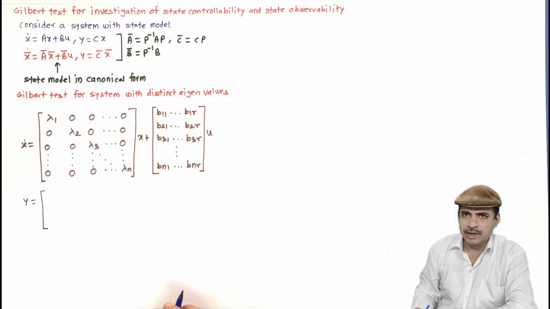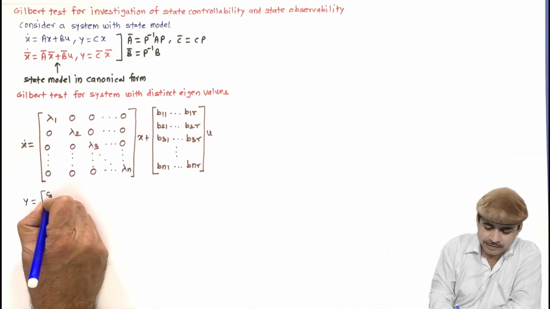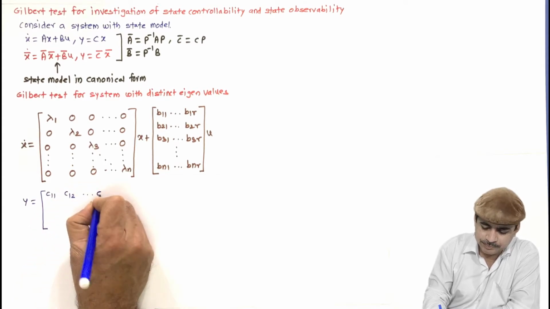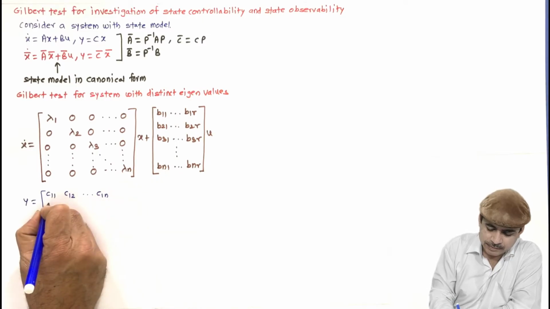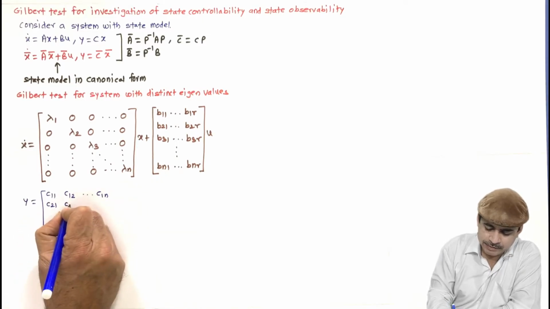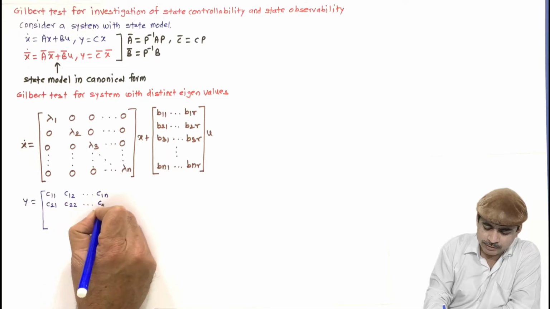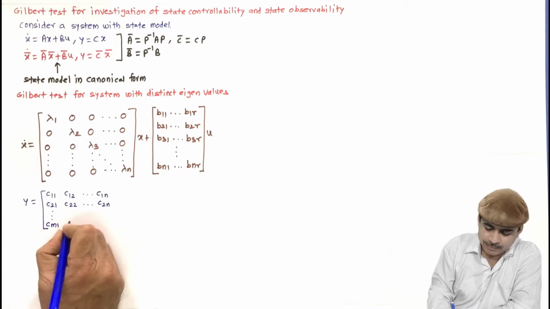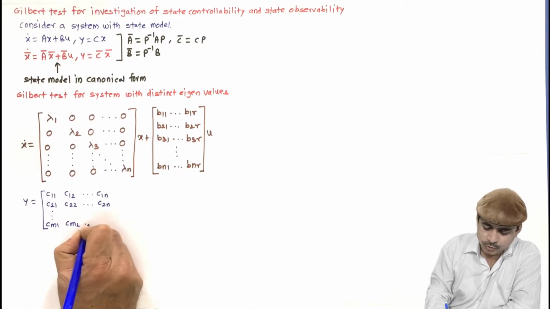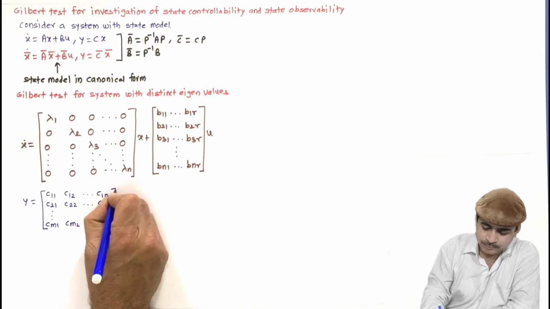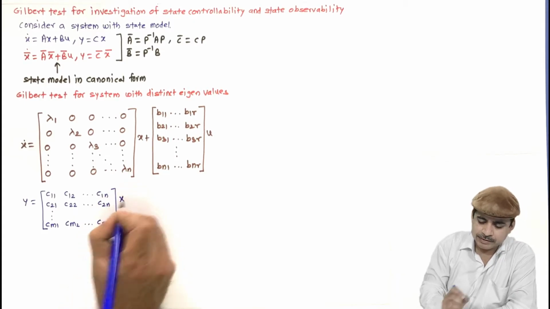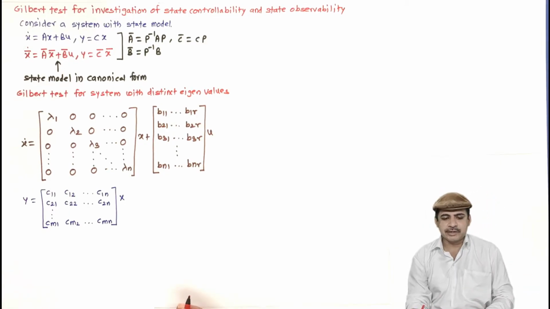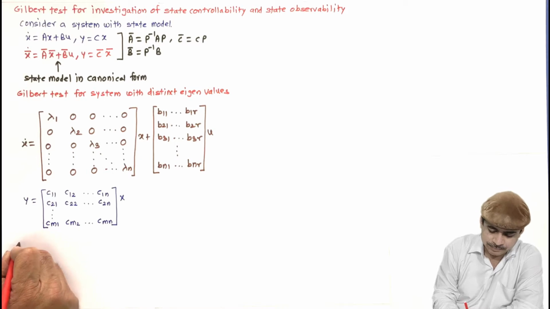So the C matrix will be m by n, so this will be C11, C12, up to C1n, C21, C22, up to C2n, and this will be continued till the last one, the mth row, Cm1, Cm2, up to Cmn, times x. So the model will be of this form. And now how to investigate the controllability? Let us see.